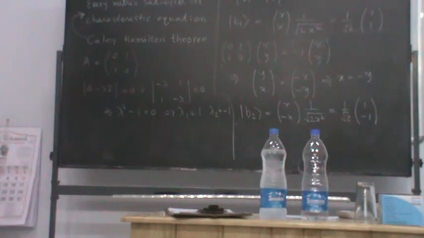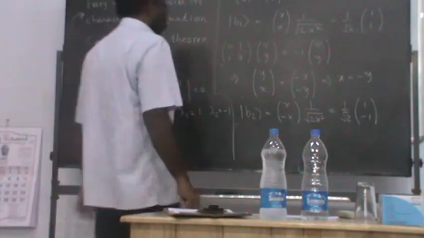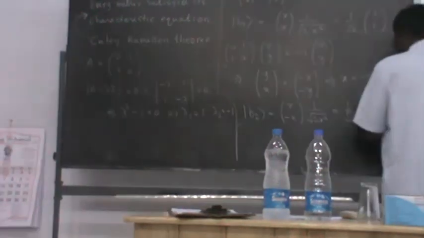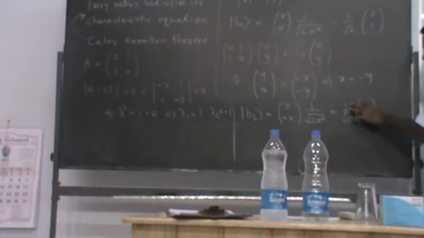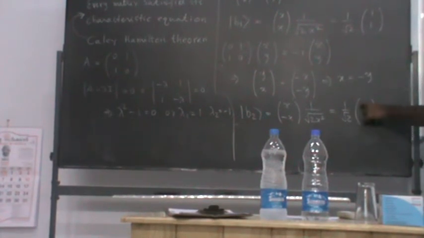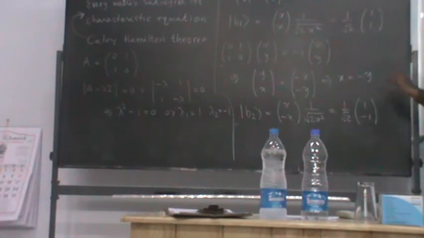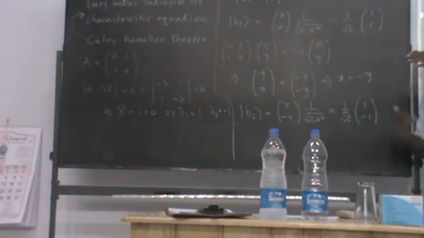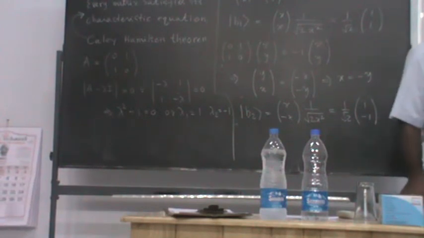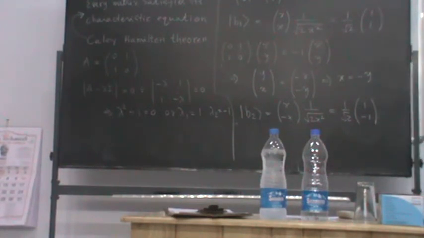Is it the same as 1 by root 2 times (minus 1, 1)? Yeah, it is also the same as (minus 1, 1). And this one and (minus 1, 1) are linearly dependent. It's minus of that. So you can use this or that. But once you make one choice, consistently use the same thing. In between the calculations, you should not switch. But you could have chosen (minus 1, 1) or (1, minus 1).